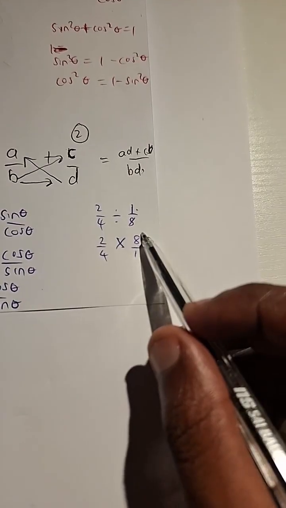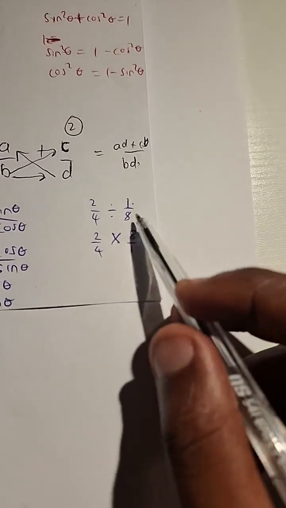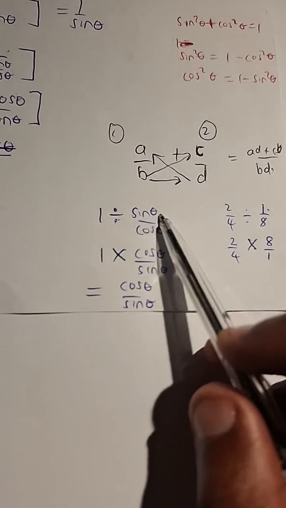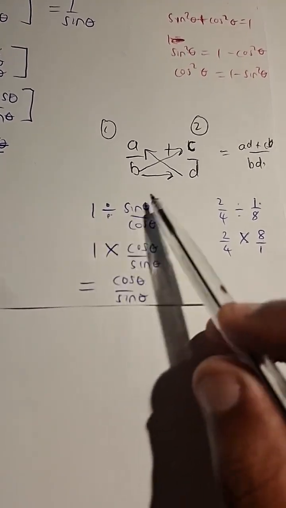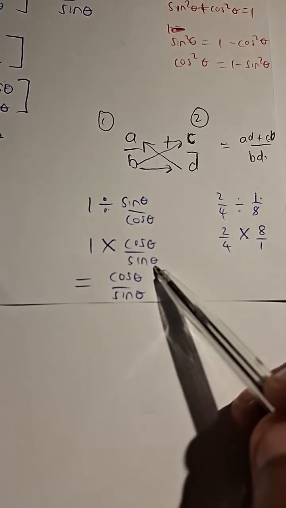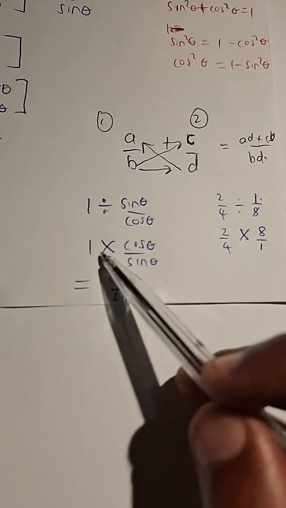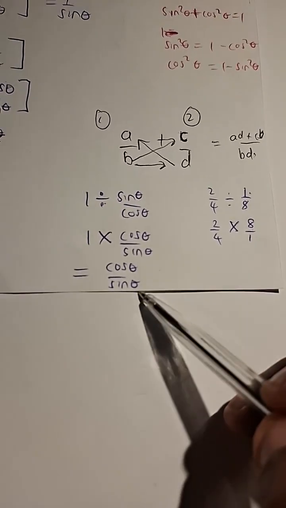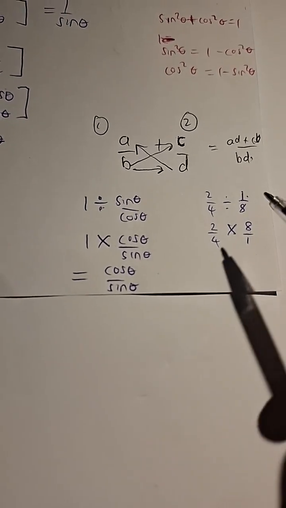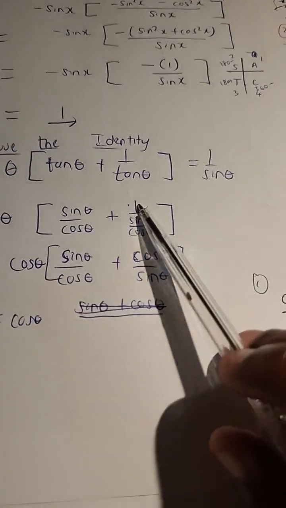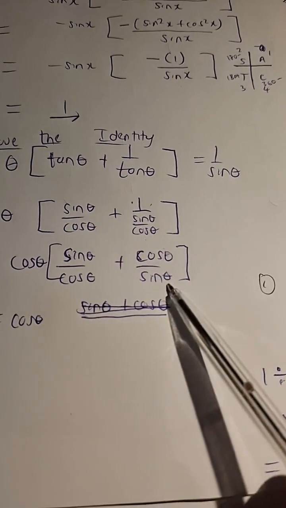The second fraction would tip and turn: 1 over 8 becomes 8 over 1. Then you would simplify. We are doing the same thing here. 1 divided by sine theta over cos theta becomes 1 times cos theta over sine theta. The multiplication gives cos theta over sine theta as a final answer. So this is actually equal to that.